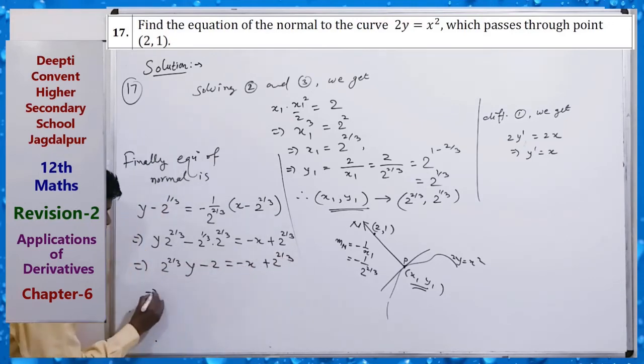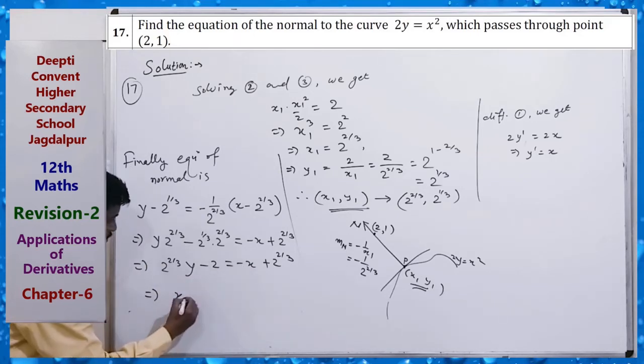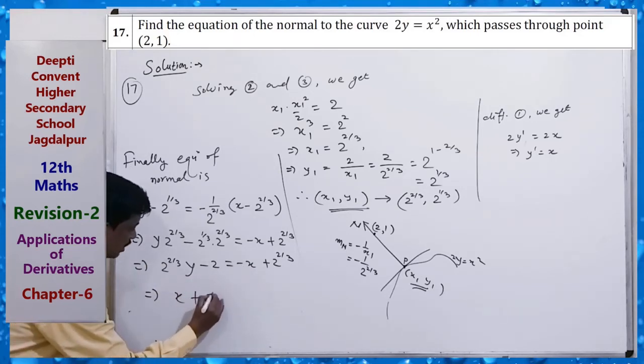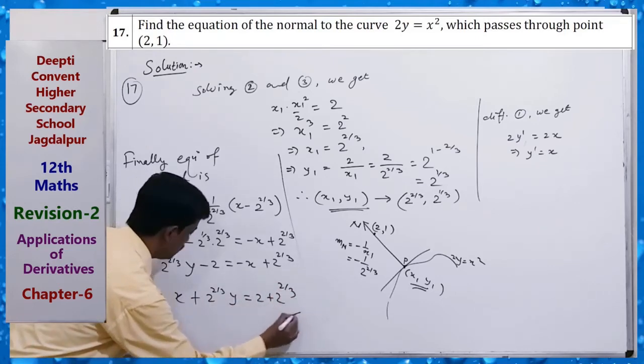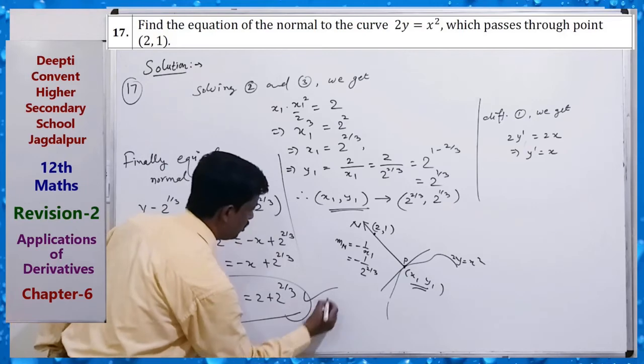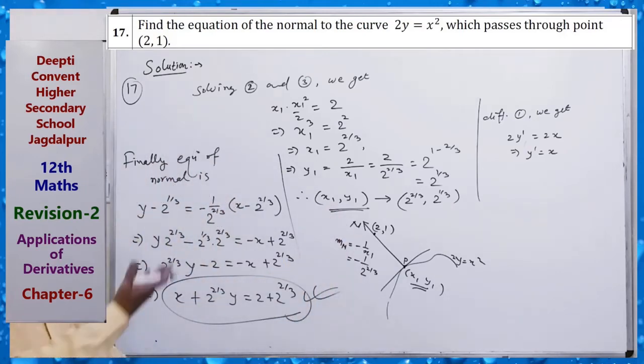Transferring x to the left side, we can write x plus 2 to the power 2 by 3 y equals to 2 plus 2 to the power 2 by 3. So this is our answer. This is the equation of normal.